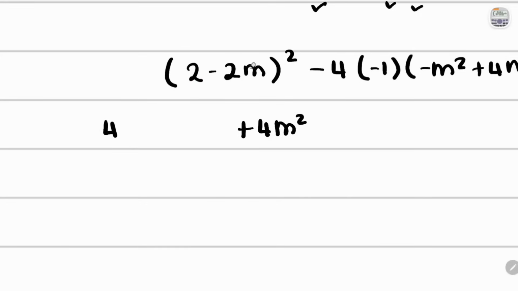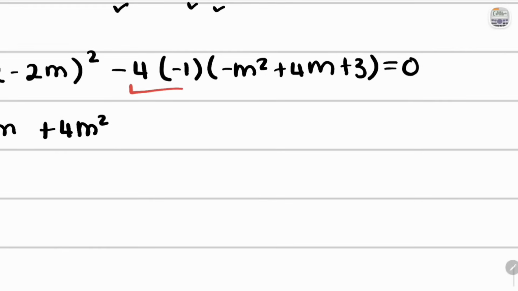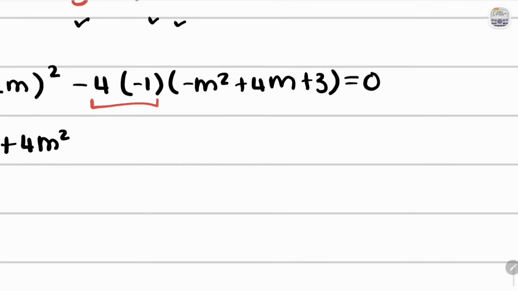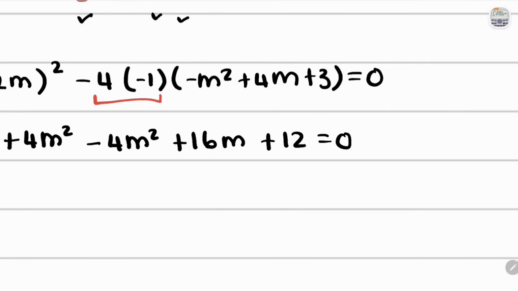And then 2 times negative 2m is negative 4m, but you multiply that by 2, giving you negative 8m. And here, when we multiply these two together, they give you a positive 4. And that's going to distribute into here. So it's 4 times negative m squared, which is negative 4m squared, 4 times positive 4m, which is positive 16m, and 4 times 3, which is positive 12, is equal to 0.